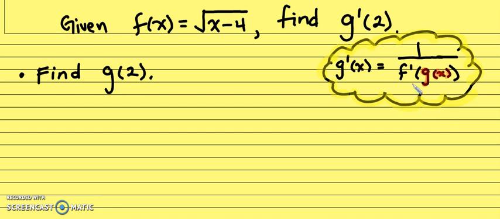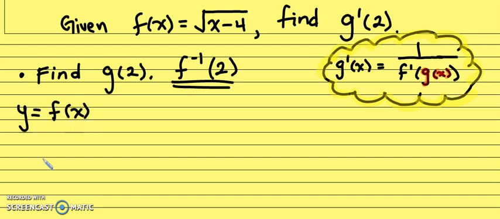So we need to find g of 2, which is the same as f inverse of 2. These two are the same thing. Whether you write g of 2 or f inverse of 2, they're the same thing. But I'm going to stick with f inverse of 2 just because if you recall from your previous math classes, if you have y equals f of x, then to find the inverse, you just interchange your x and your y, and that's how you find the inverse.